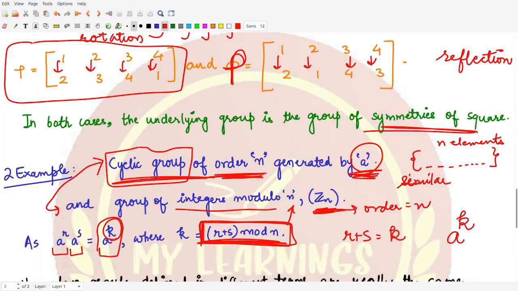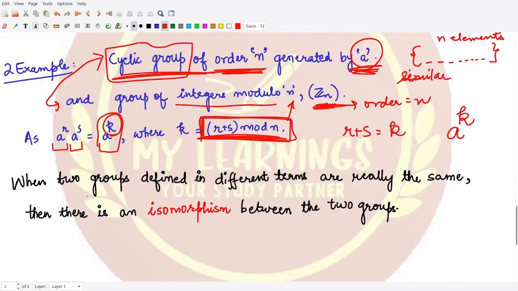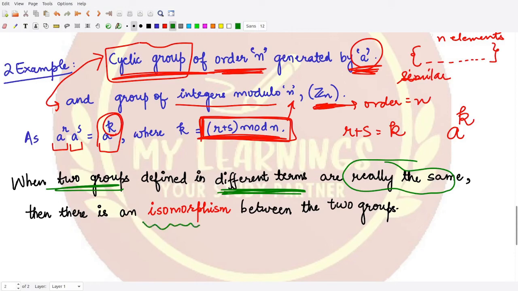Notice what we are saying here: we have two groups defined in different terms, and those two groups behave similarly. If that is the case, we say that there is an isomorphism between the two groups.